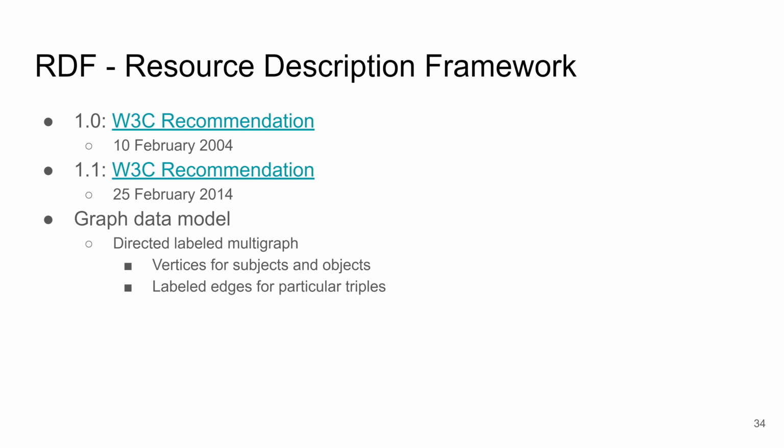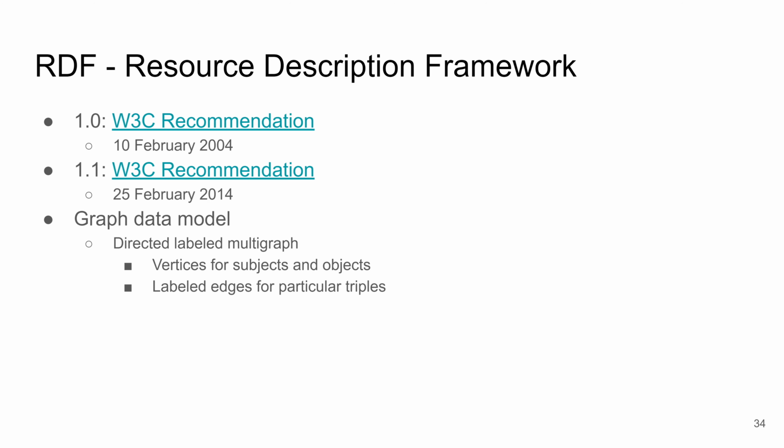I already mentioned that there are two versions of RDF. Nowadays, fortunately, version 1.1 is the most widespread and supported. So we don't have to go into details of the differences of the versions. Suffice to say that nowadays, since 2014, we have RDF 1.1.